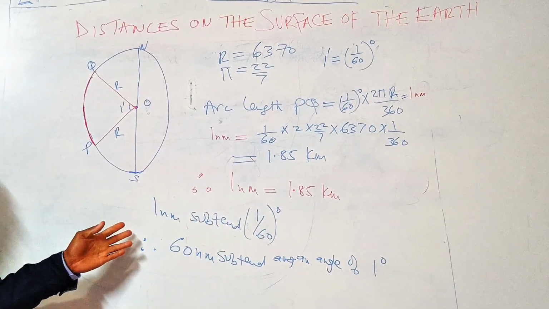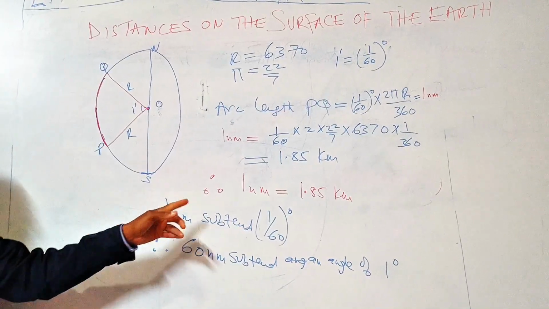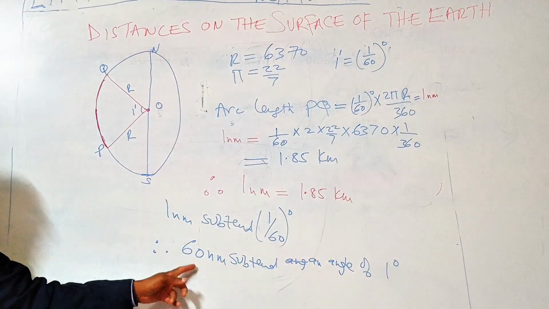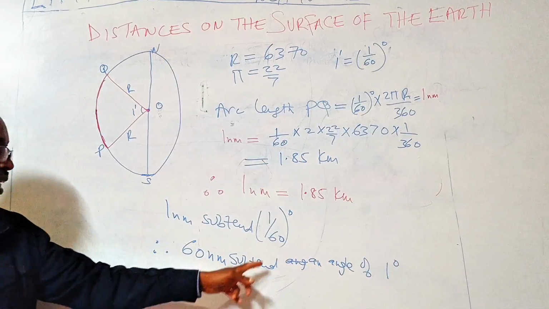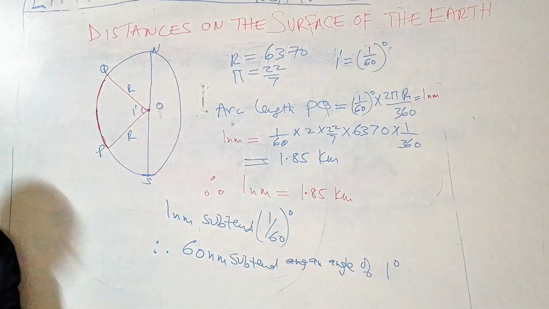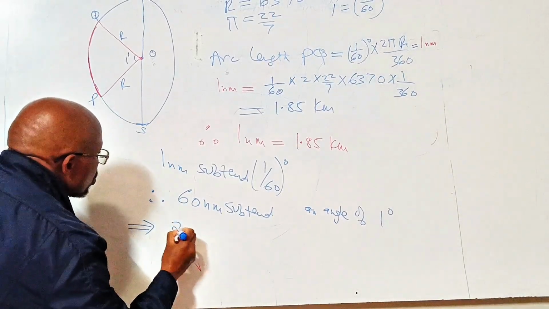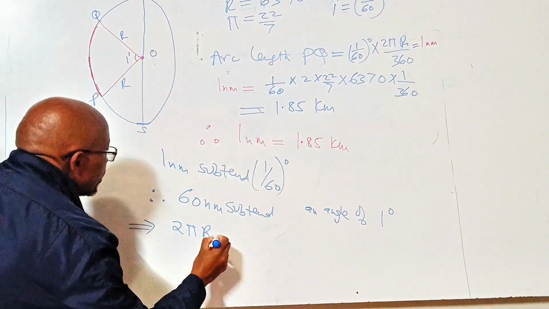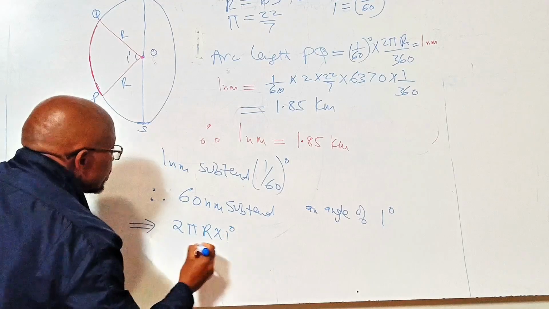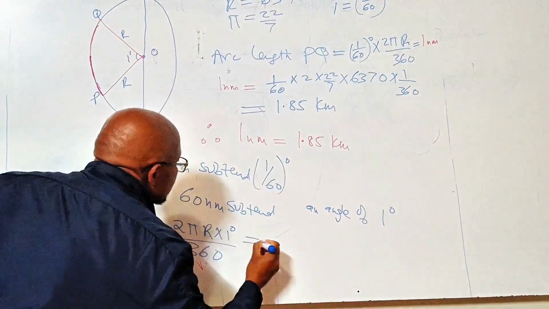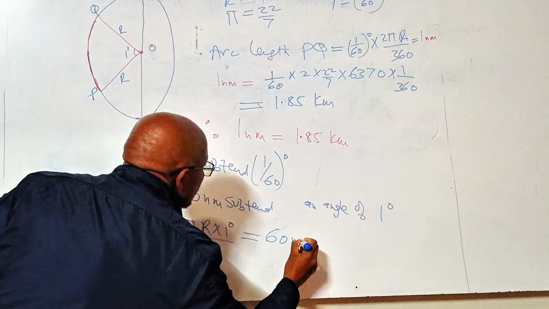1 nautical mile subtends an angle of 1 over 60 degrees. Therefore, 60 nautical miles will subtend an angle of 1 degree. It follows that 2 pi r times 1 degree all over 360 is equal to 60 nautical miles.